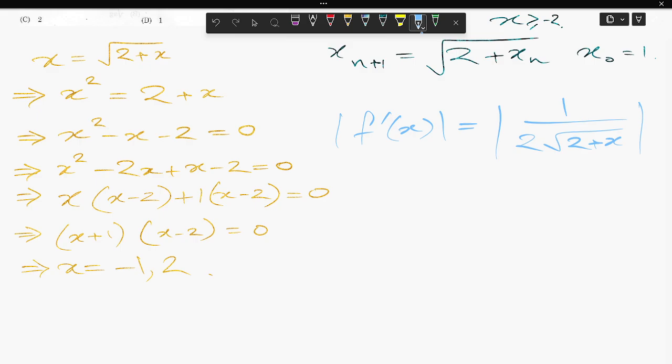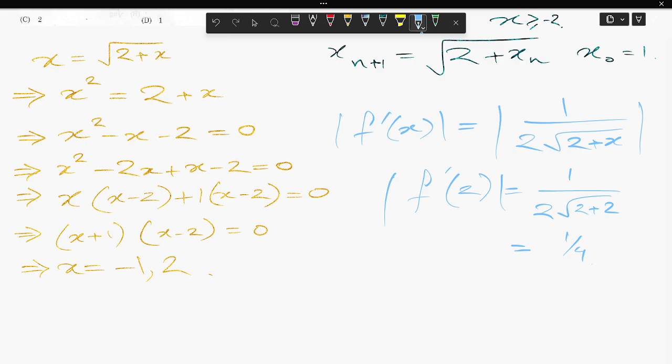Okay, so at x equals 2, f dash 2 will be 1 by 2 into root 4, so that will be 1 upon 4. Since the modulus of f dash 2 is less than 1, the iteration is stable at x equals 2, meaning that 2 is an attractive fixed point.